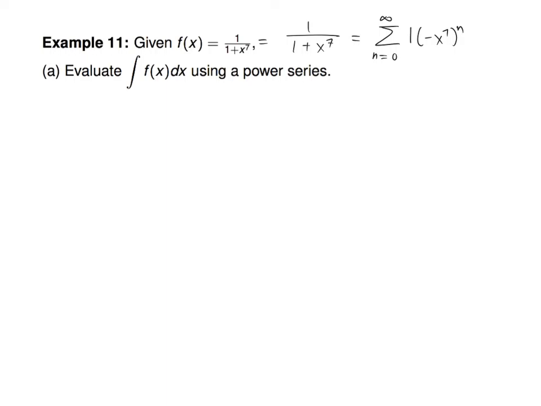Okay, so this is the same thing as the sum from n equals 0 to infinity of -1 to the n, x to the 7n. So the integral of 1 over 1 plus x to the 7th is equal to the integral of this gigantic sum.